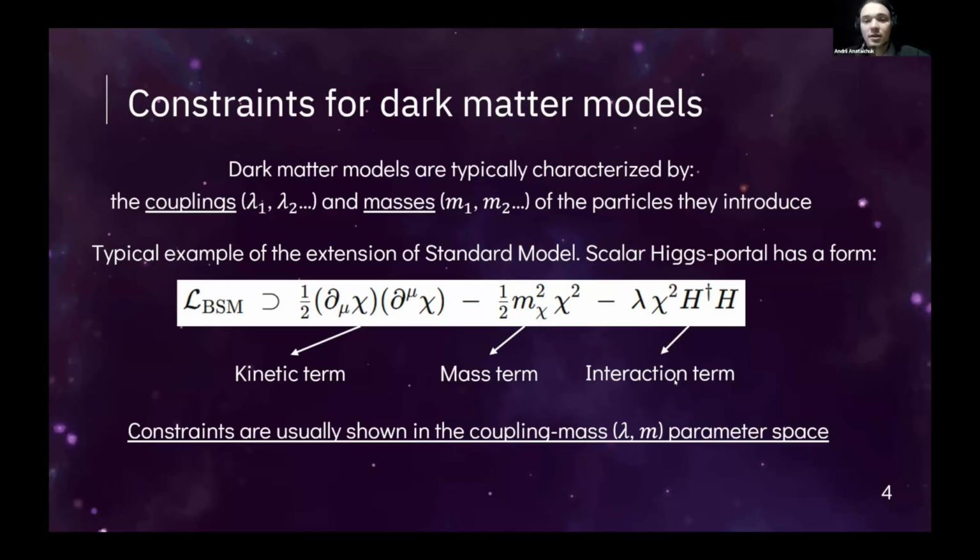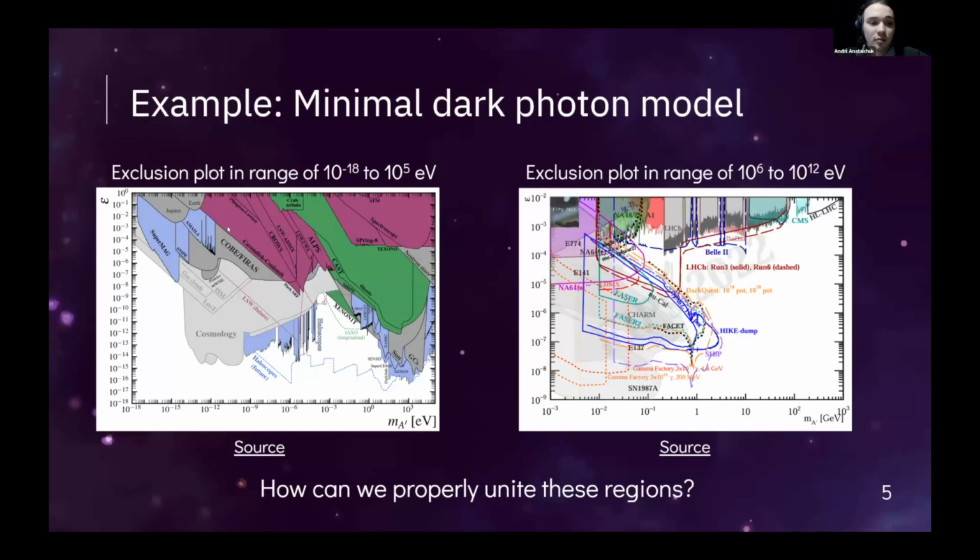And we can basically build plots from coupling to mass. Here I show this example for the minimal dark photon model. You can see that the coupling is called epsilon, and the mass of this dark photon is shown in electron volts.